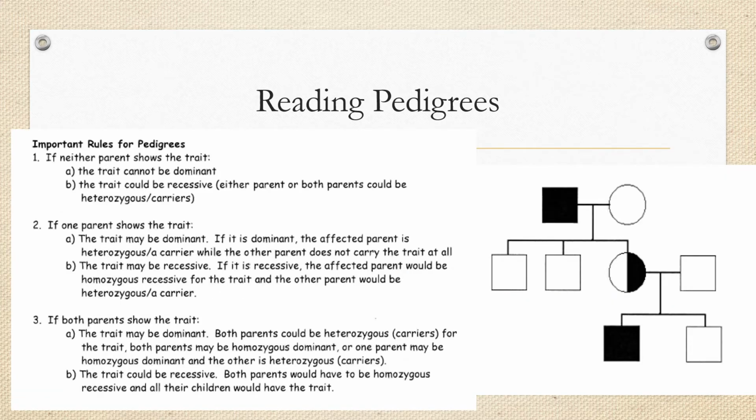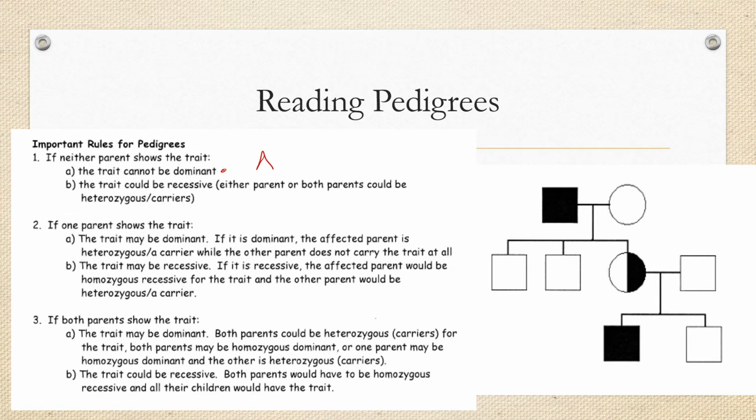So here are some important rules to figure out: is it recessive, is it dominant, what is going on in my pedigree? If neither parent shows the trait, your trait cannot be dominant. If it's a dominant trait, then it has to be passed down by the parents. So if you have a trait and neither of your parents have it, it cannot be dominant. Let's look at a genotype example here.